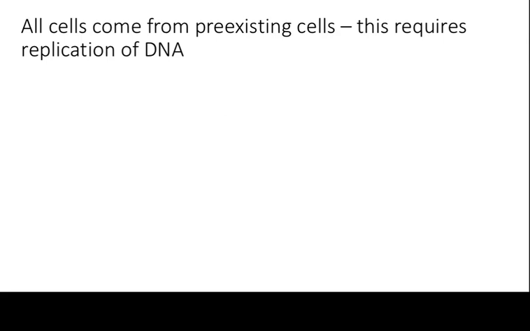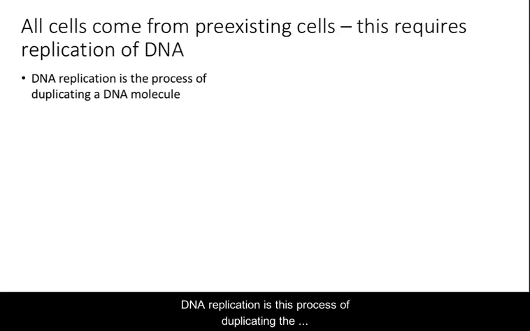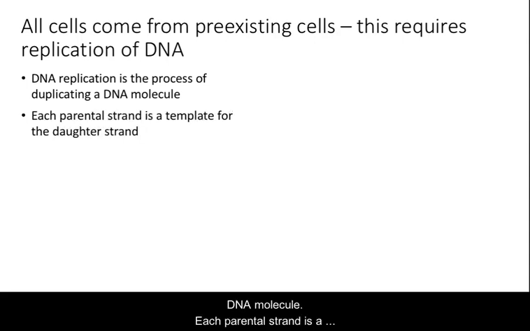So, one of the primary premises in biology is that all cells come from pre-existing cells, and unless we want a bunch of empty cytoplasmic shells, the creation of new cells requires the replication of DNA so that DNA can be present in all of the daughter cells. So DNA replication is the process of duplicating the DNA molecule. Each parental strand is a template for a daughter strand.